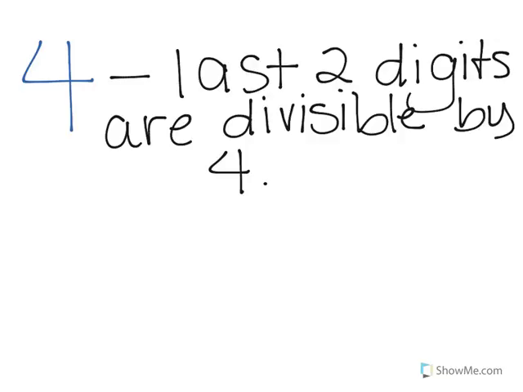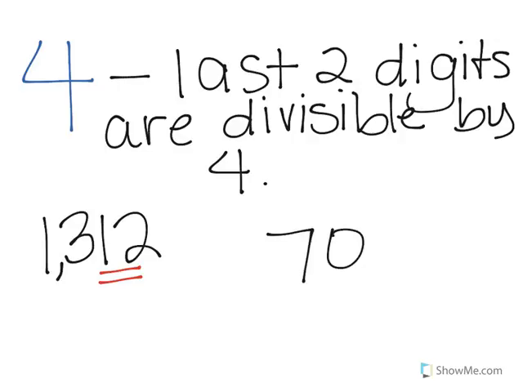For example, 1,312. The last two digits are 12, and since 12 is divisible by 4, then 1,312 is also divisible by 4. 7,019, the last two digits, 19, not divisible by 4, so 7,019 is not divisible by 4.